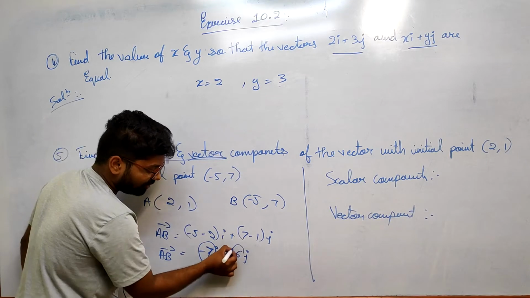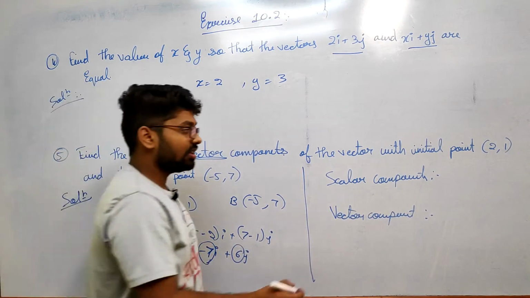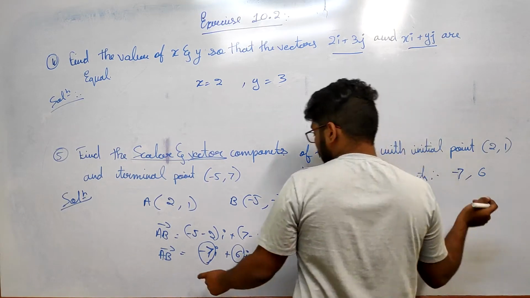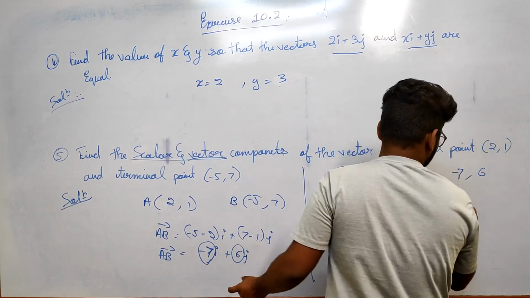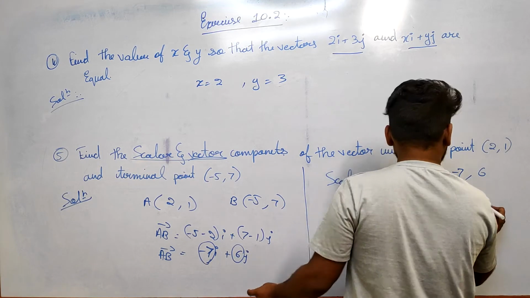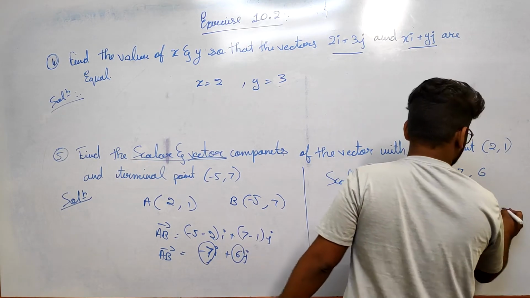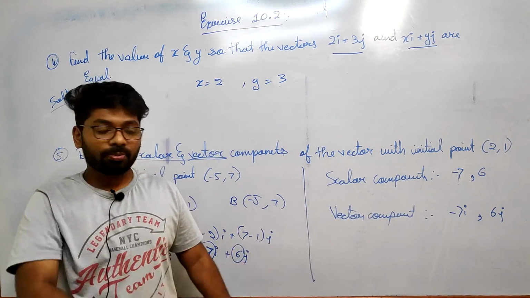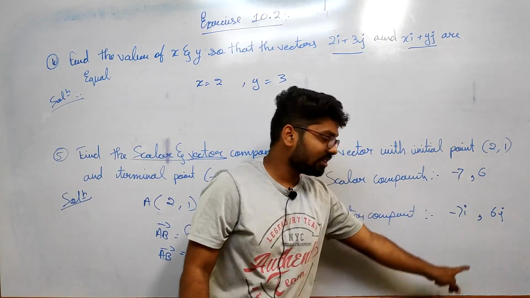Just the fixed values. So therefore, the scalar components are -7 and 6, and the vector components are -7i and 6j. So do not put plus or minus signs in them, you should not put it. Just go for -7, 6 and -7i.